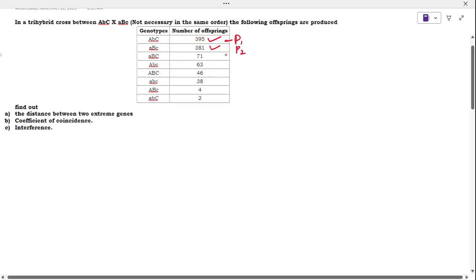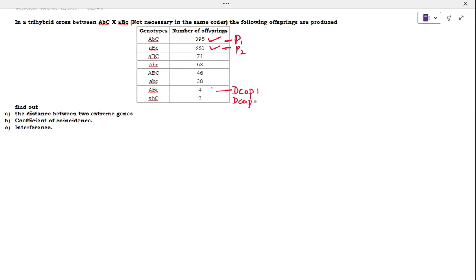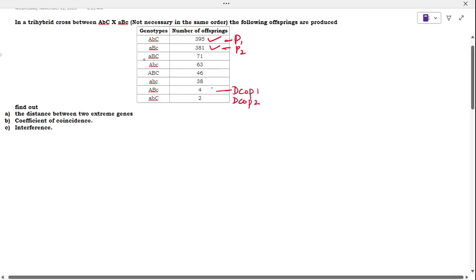One more easy way to find double crossing over products is that they will be rare, because the population is very meager. So these are double crossing over product 1 and double crossing over product 2. Whatever remains will be identified after that.